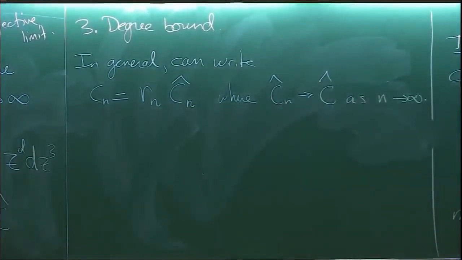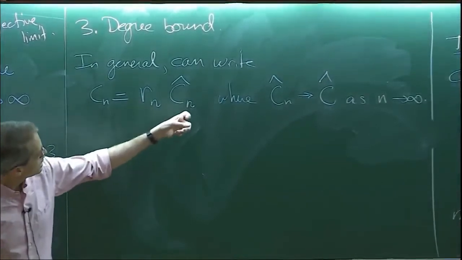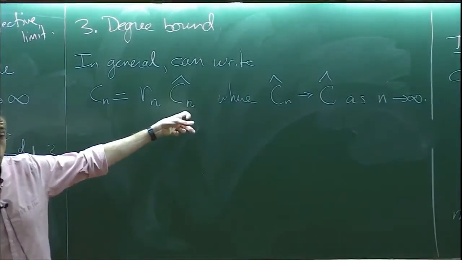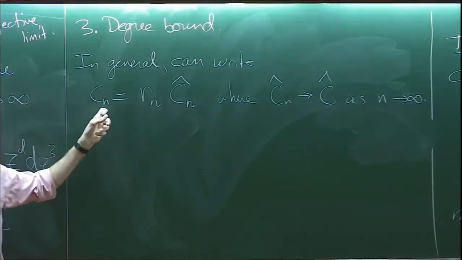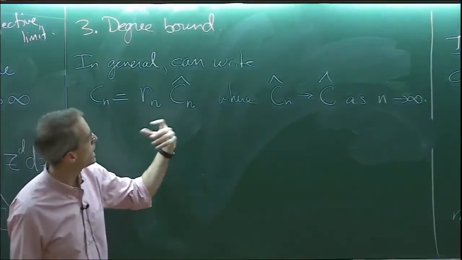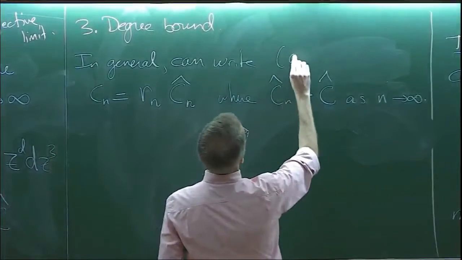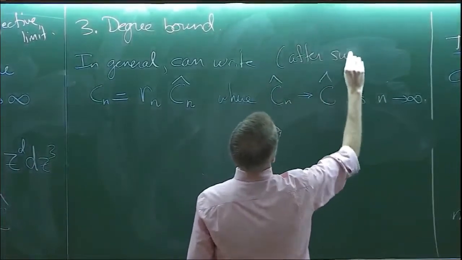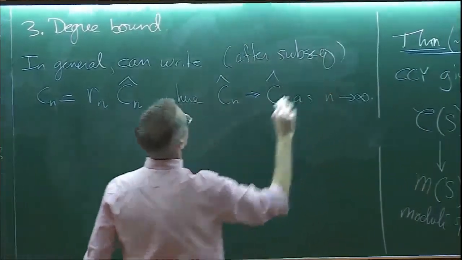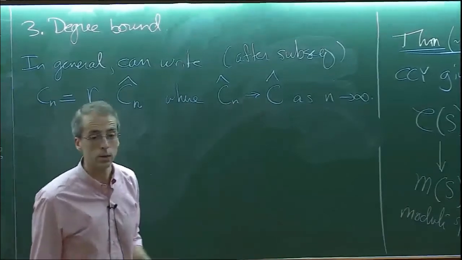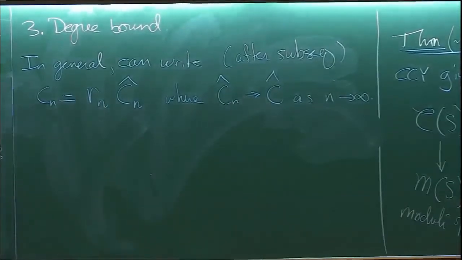So if you put a norm on the space of cubic differentials, all I'm saying here is let Cn hat be the unit norm cubic differential that is a multiple of Cn. Then you can always pass to a subsequence so that those unit norm ones converge to some point C hat in the unit sphere. So this is kind of the general picture.